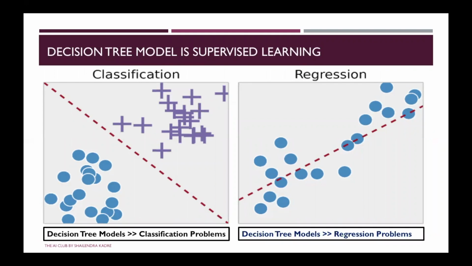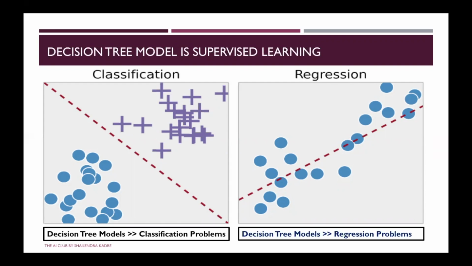So first of all, what is a decision tree model? In layman's terms, it is the most simplistic model, which even a layman with a non-mathematics background can understand. Earlier we have seen linear regression, and if you go further into deep learning, there is a lot of complex mathematics involved.